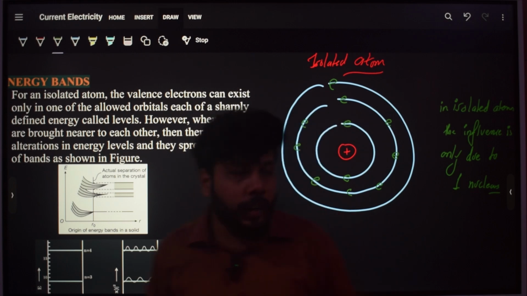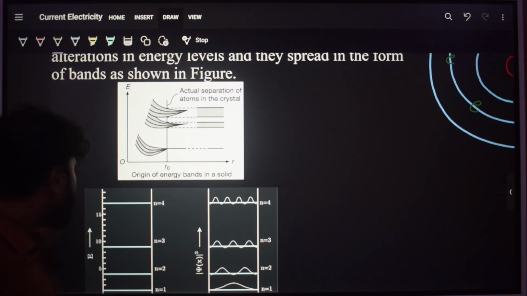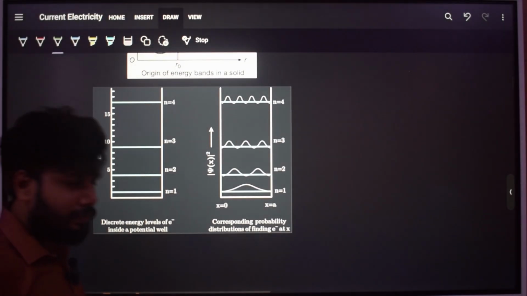So with just a single nucleus, the energy level is well defined, sharply defined, as you can see in the diagram.